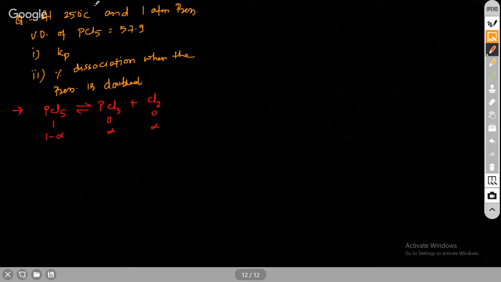First of all, obviously dissociation of PCl5 we have. So PCl5 dissociates like this. Now Kp is what? Since Kp you have to find out, the expression for Kp will be the partial pressure of PCl3 into partial pressure of Cl2 divided by partial pressure of PCl5.